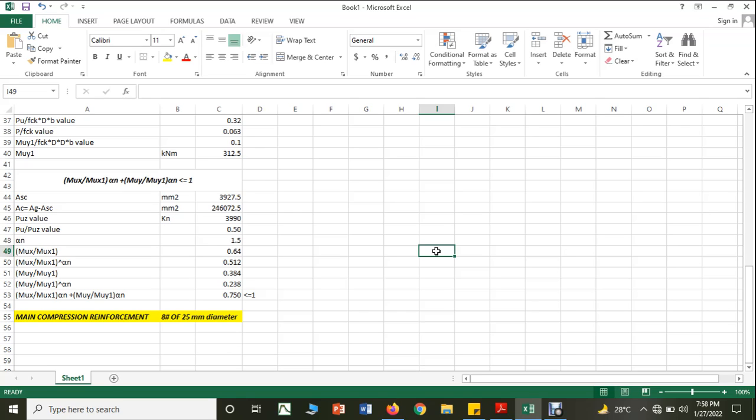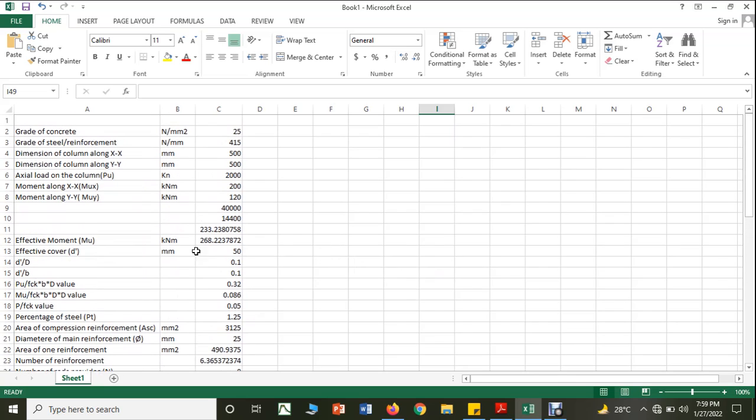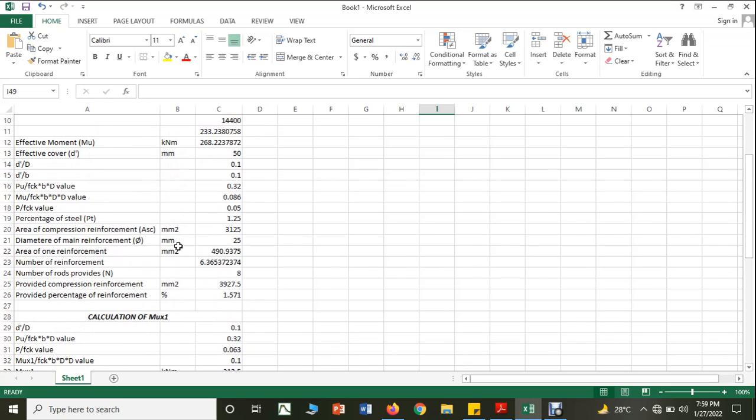When we are doing this, there will not be any iteration process, and even the section will be economical, because you are going to get the actual percentage of reinforcement required. But if you are assuming, then it will not be economical. First we will take 2%, and if it passes, it may be an over-reinforced section.